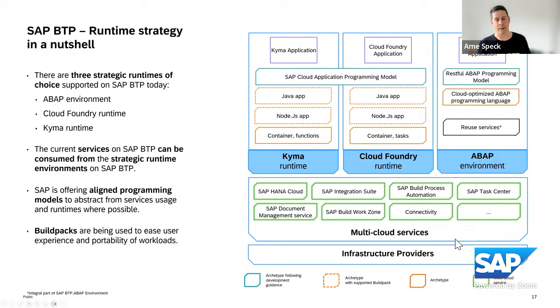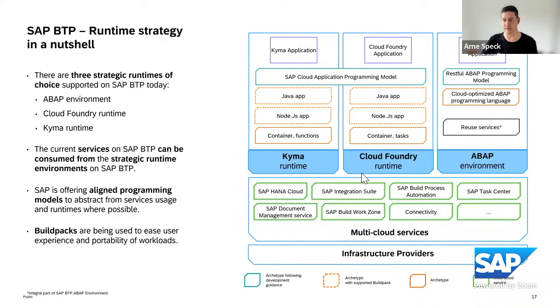Which also makes it easy to transfer solutions between those two. So if you want to port an application that you created on Cloud Foundry to Kyma because you say, now we reached a level where we need to scale in such masses that a Kubernetes-based environment would be preferable for our scenario, this is very easily possible.